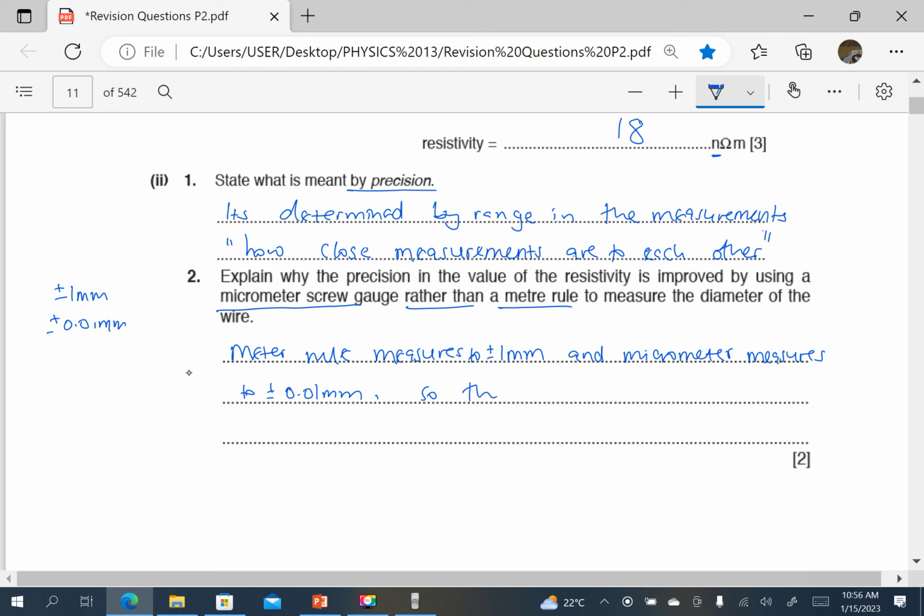So there is less random error with the micrometer.